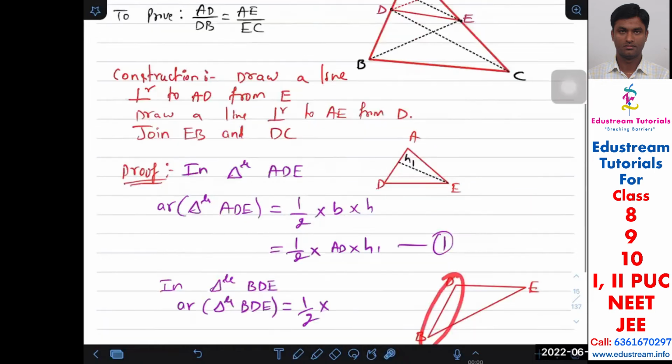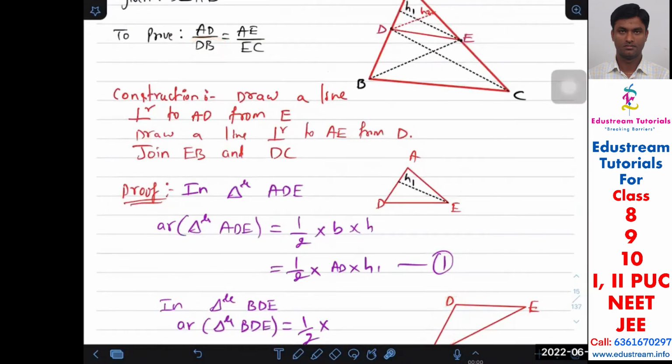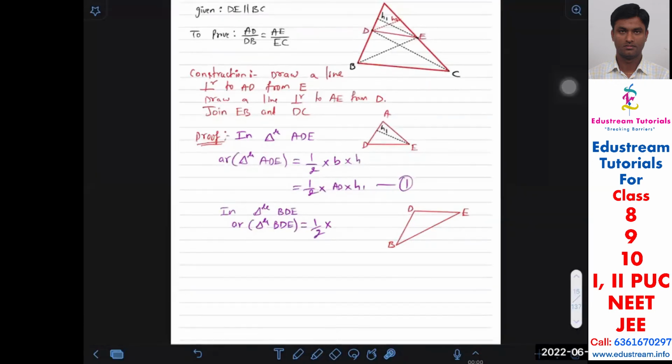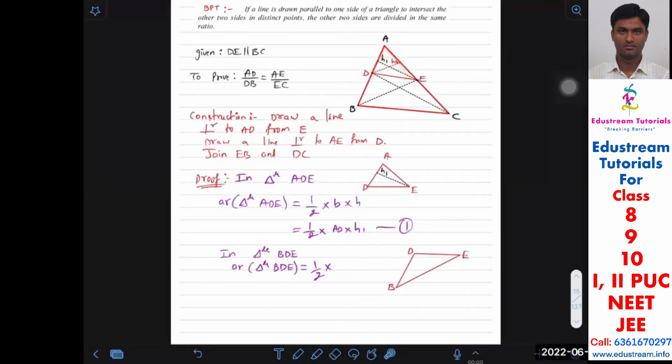This is the base we need because the denominator is DB. That's why I'm taking this triangle. See here, in the numerator AD was there, so that's why I took triangle ADE. Now in the denominator you have DB, so therefore I'm taking this triangle.